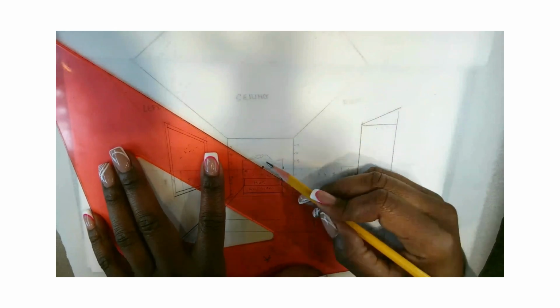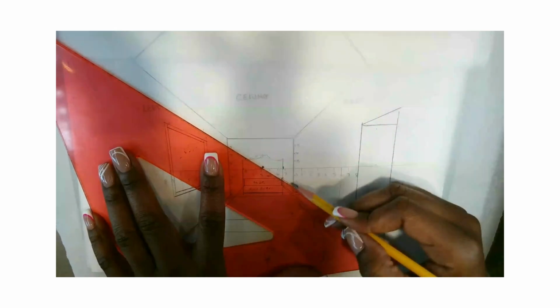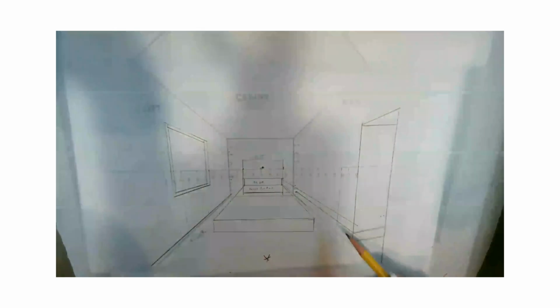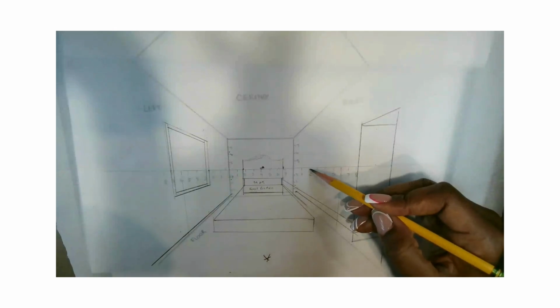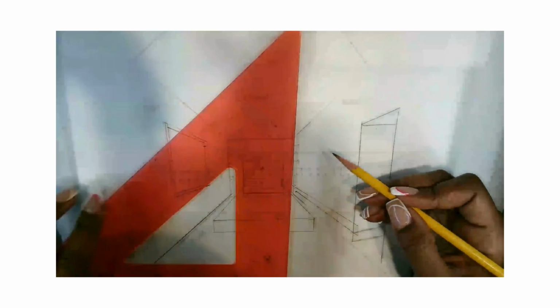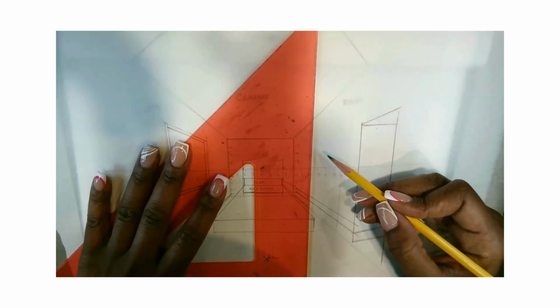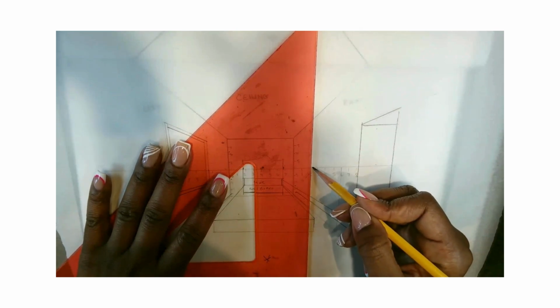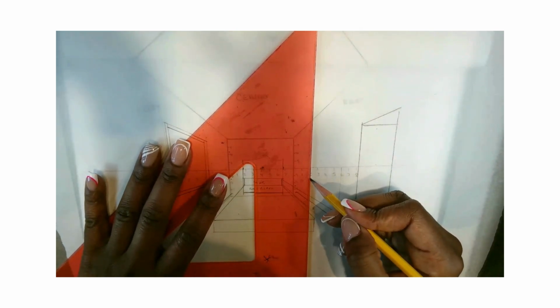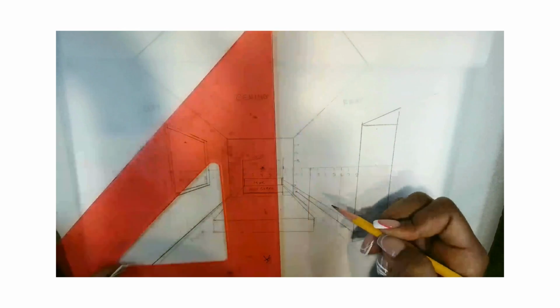From the top of my mattress through the vanishing point, I'm going to draft another line out. And then I'm just starting on the right side. And then I'm going to also account for my mattress on the wall. So if I went in a few inches, I'm going to come in from where my platform was. I went in like a 1/2 inch. I'm going to draft that line down.